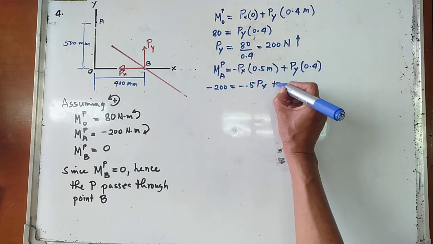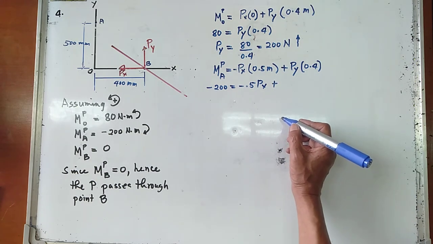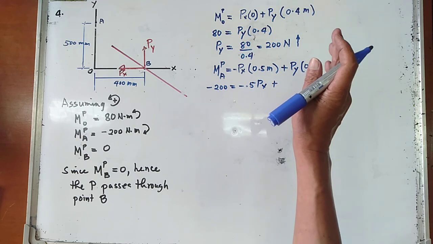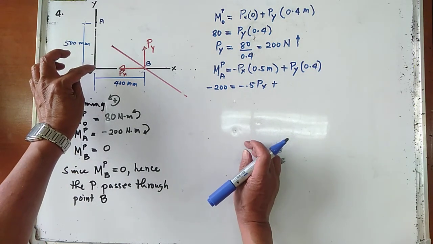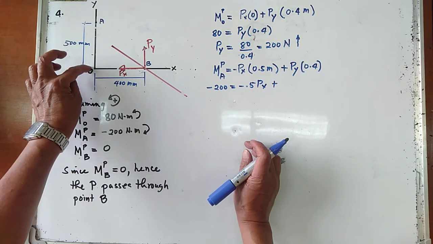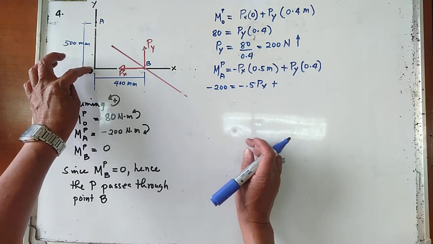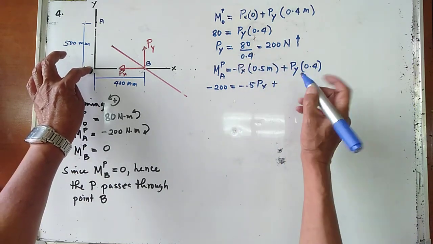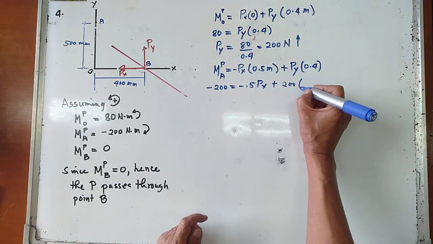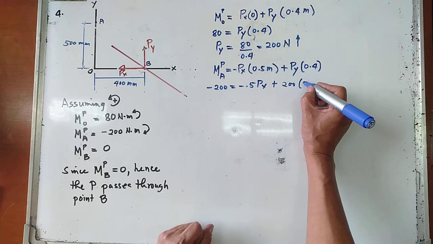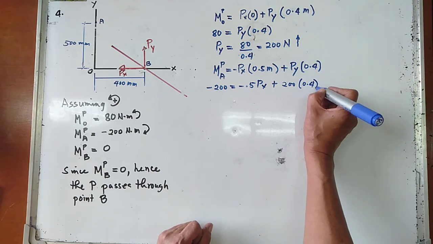So your Py is equal to 200 multiply this one by 0.4 meters.